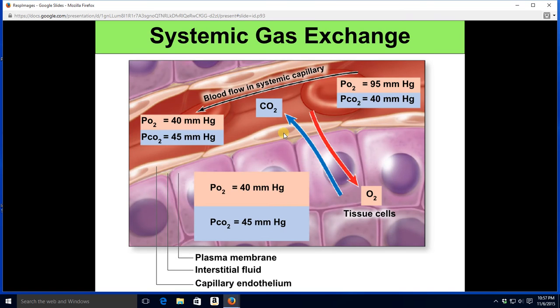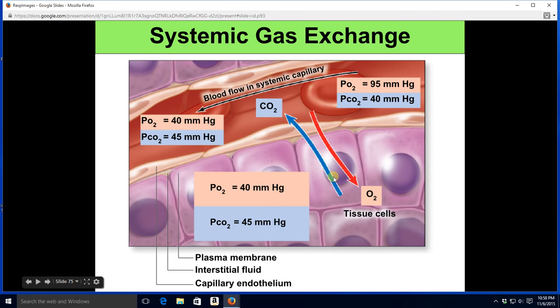Okay, if we then jump to the tissues, in our tissues, the PO2 is low because of mitochondrial respiration using up that oxygen. PO2 in your cells is about 40. PO2 of blood coming into the capillary here, the systemic capillary now, is about 95. 95 beats 40, so oxygen goes in.